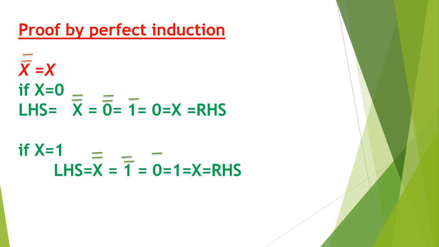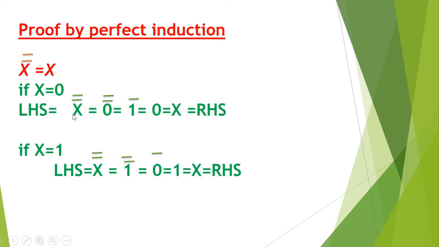Next, proof by perfect induction. In proof by perfect induction, we need to substitute all the possible values for the logical variable. What are the possible values? 0 and 1. The theorem is x double bar is equal to x. Here the LHS is x double bar and the RHS is x. If x is equal to 0, LHS is equal to x double bar.